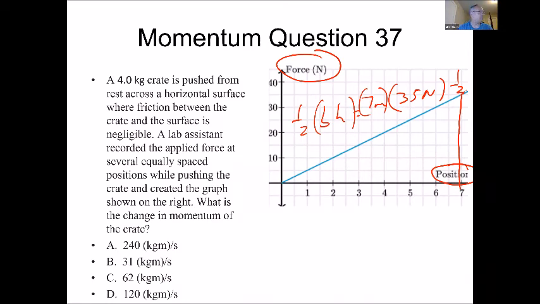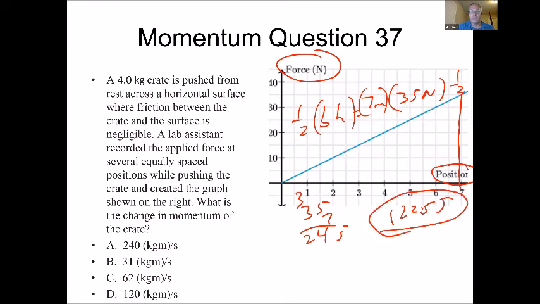So 7 times 35. I don't have a calculator handy, so let's just do this by hand here. It's 245 times 1/2, which gives us 122.5. And that's going to be newtons times meters, which are joules. That's our work.